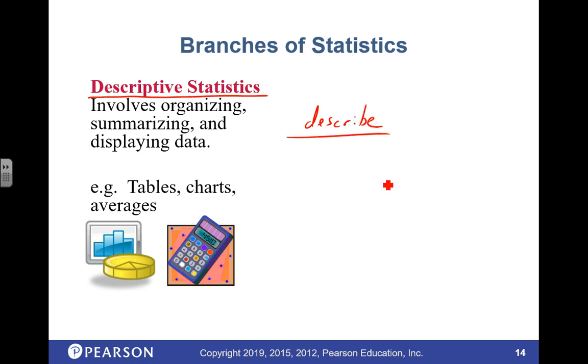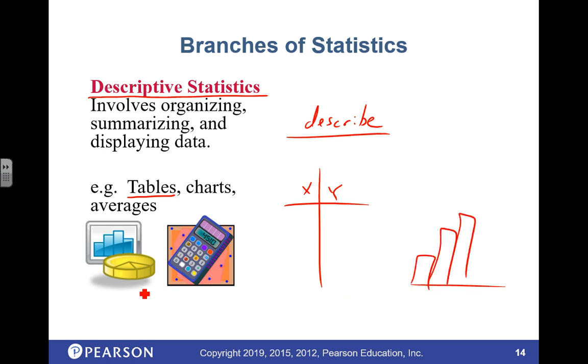Descriptive. Describe. We're describing things. Often when we describe things, we use tables. We make some kind of table and put information in it. Or we have some kind of chart. It might be some kind of bar graph or some kind of circle graph.